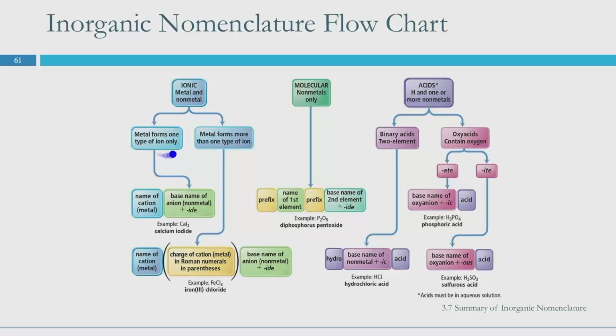So our metals that form one type of ion only, mostly our main group elements, it's just the name of the cation, and change the base name of the anion to have "ide" at the end instead of "ene" or "ogen" or whatever else it might end with. If it forms more than one type of cation, then we have the charge of the cation in Roman numerals after the name of the metal.